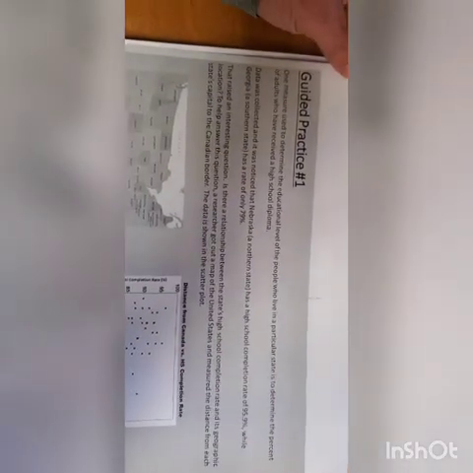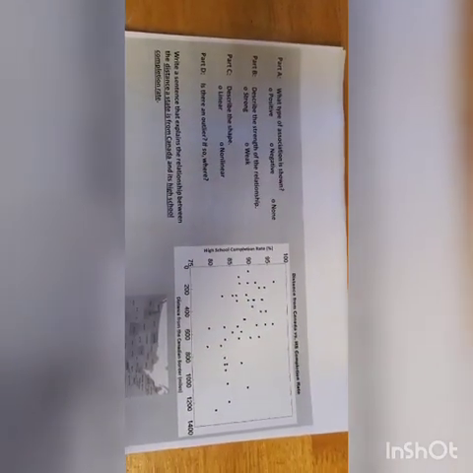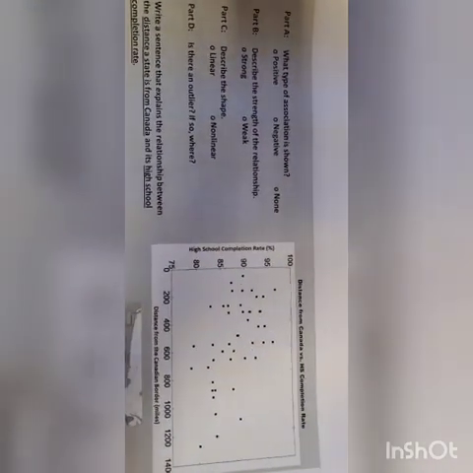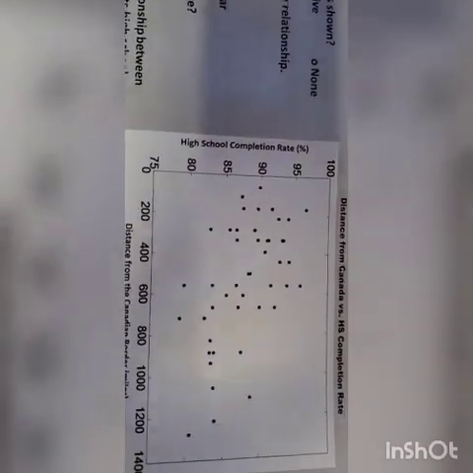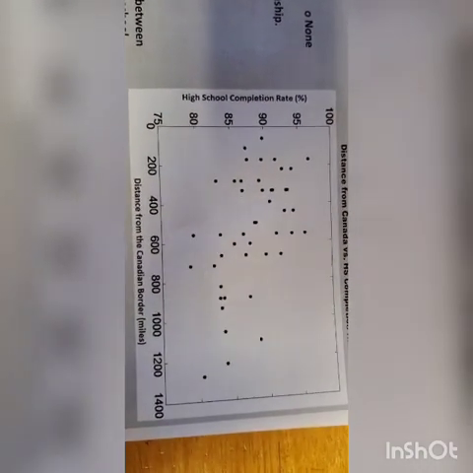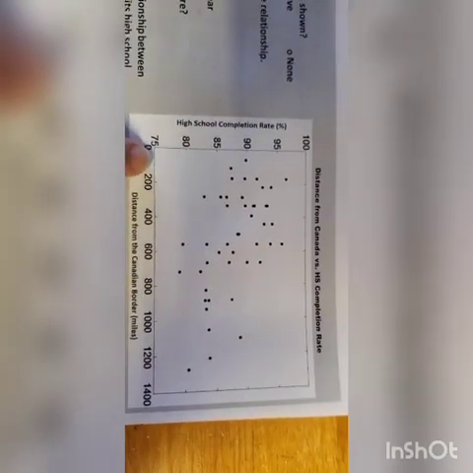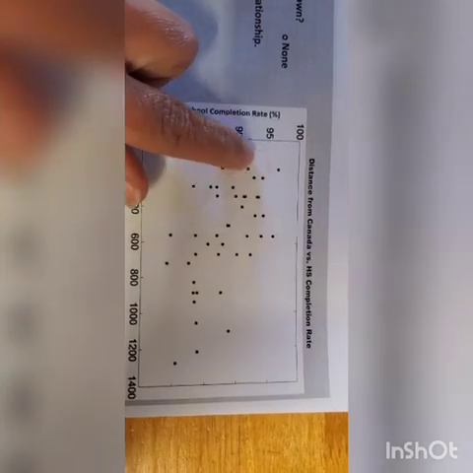Now, in this guided practice, I'm going to go ahead and skip to the next page. We're looking at the distance from Canada versus high school completion rate. So the closer we are to Canada over here, the higher the graduation rate.